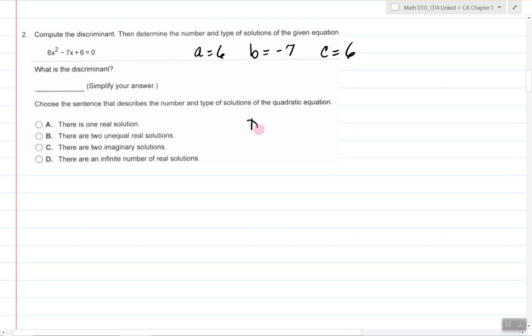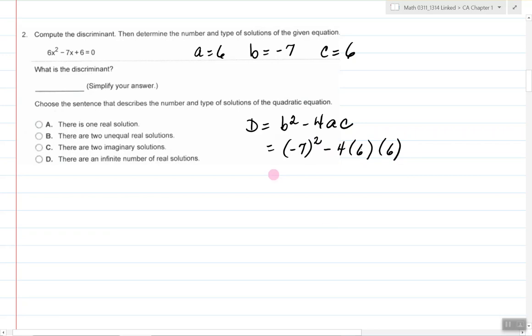The discriminant, d, is equal to b squared minus 4 times a times c. So it is in parentheses -7 squared minus 4 times the value of a is 6 times the value of c, which is 6.